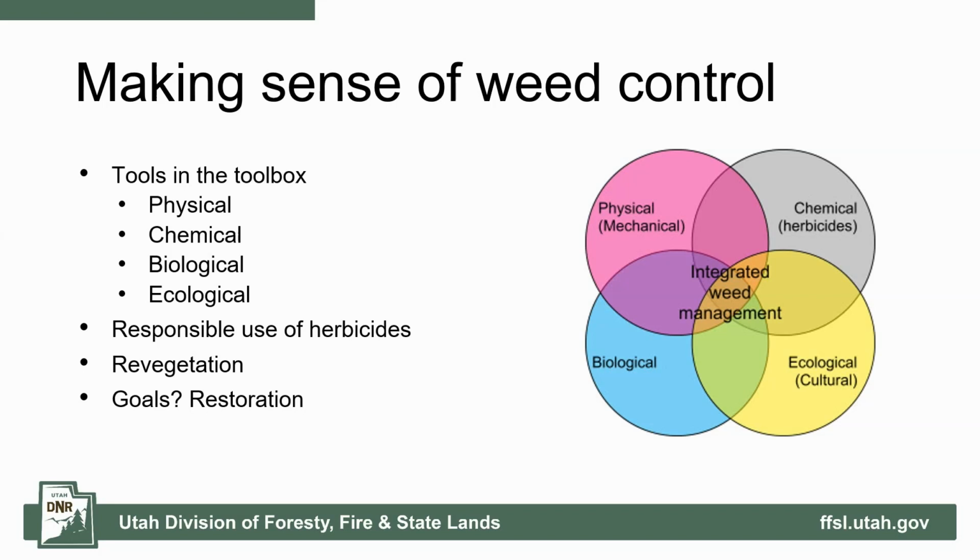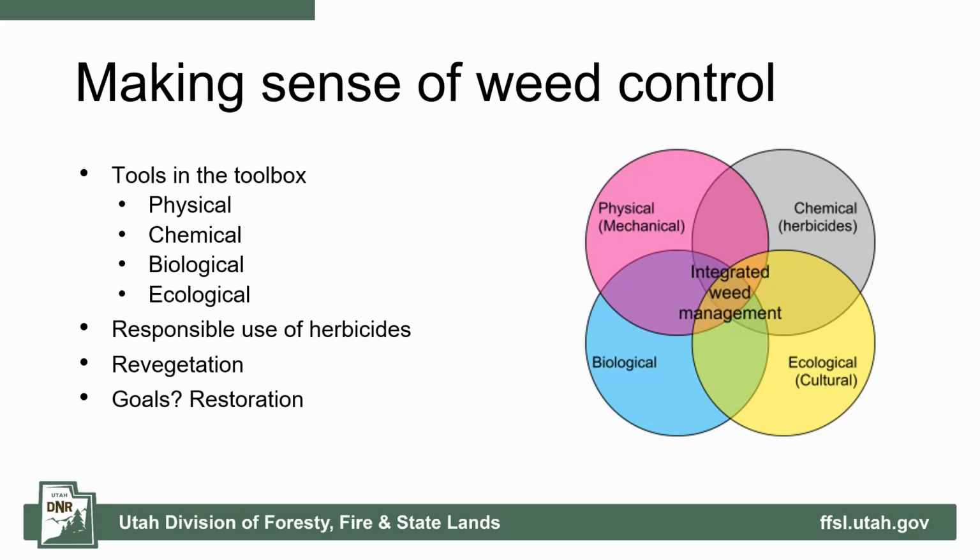Then there's chemical control. This would include herbicides. And herbicides are mostly used with perennial plants, since in order to stop their reproduction, we would have to kill them and they have a long lifespan. There's also biological control, which usually involves releasing bugs that are from the weed's home range, so introducing a natural predator.